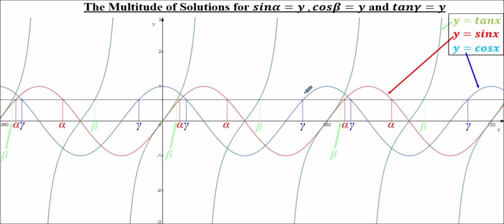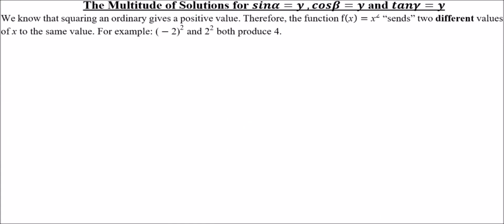So let's link this back to an easier sort of function. So sine, cos and tan are the trigonometric functions. But what other function can you think of where there's more than one value of x which would give the same value of y? Well, I would suggest the function y equals x squared.